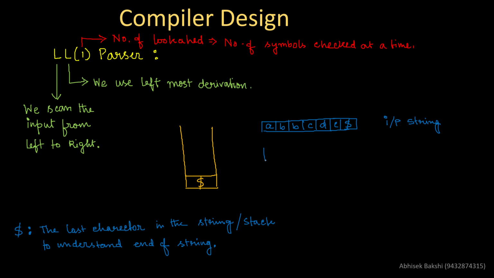Now the other component that we have here is the LL1 parser, which uses some parsing algorithm, because, as I told you, it has to have a deterministic approach, meaning there must be some algorithm. Now how does this LL parsing algorithm work? This parsing algorithm takes help of two things.